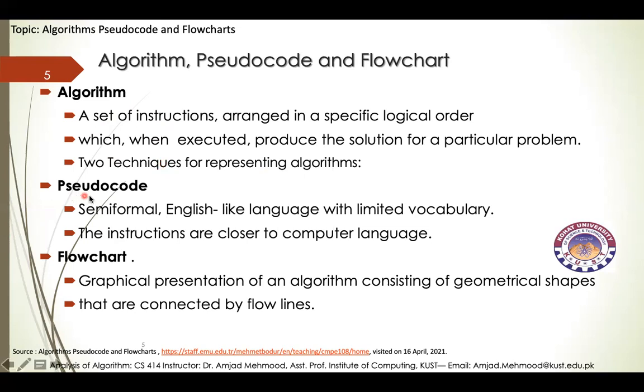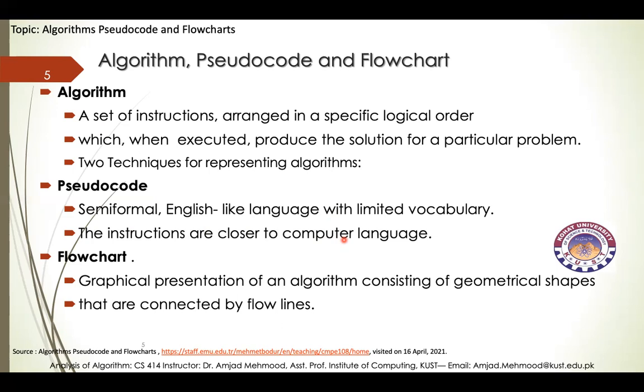Pseudocode is a semi-formal English-like language with limited vocabulary. The instructions are closer to computer language, but they are independent of a language. This is the most important thing of this pseudocode. You must know that this is independent of a language.